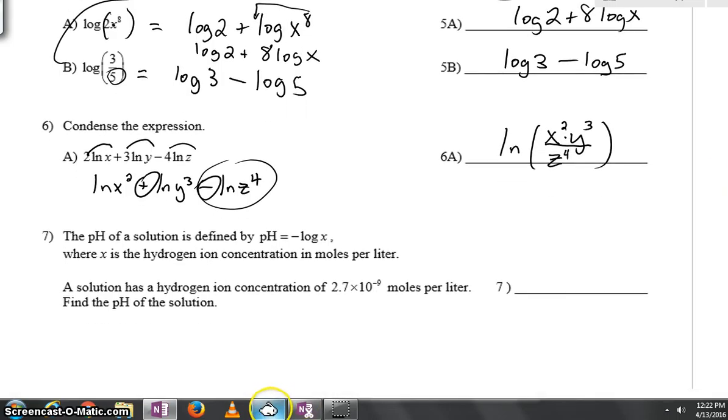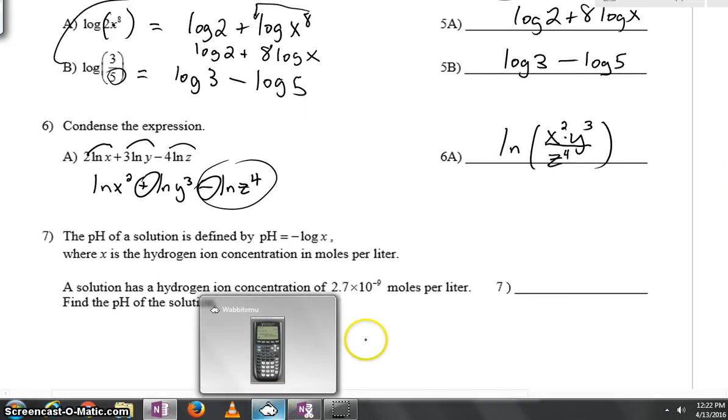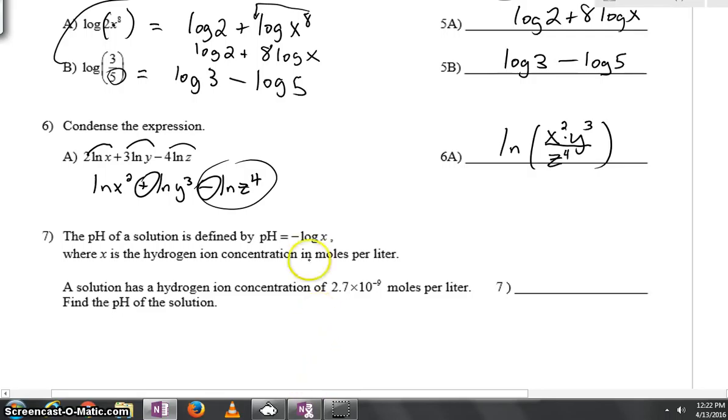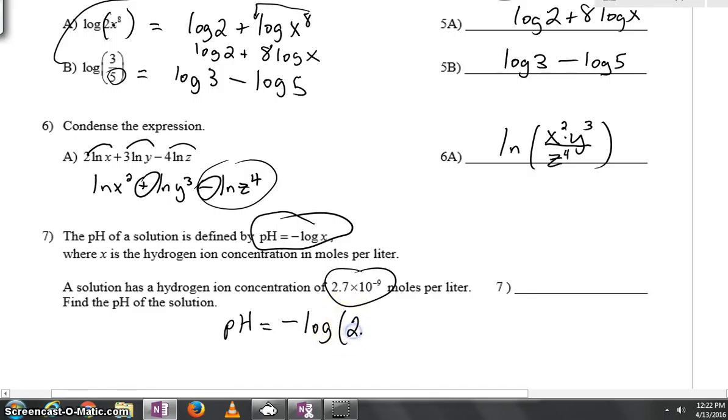Last one on this page, and then we'll take a break and move on to a second video. pH has this formula. The power of hydrogen is equal to the negative log of the hydrogen ion concentration. The hydrogen ion concentration is 2.7 times 10 to the negative 9. Very simply, we can just type that in. The pH is the negative log of the 2.7 times 10 to the negative 9.